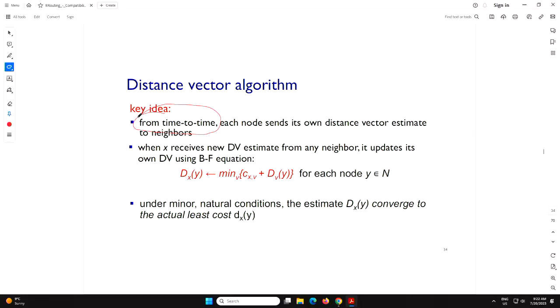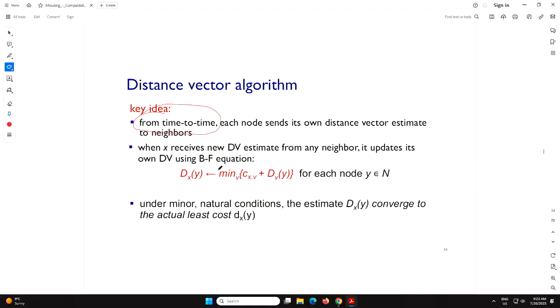And when you get the information from your neighbors, you have to recompute, right? Because the neighbors may be telling you some new information that you didn't know. The cost might have updated, right? The neighbor may have learned a better cost, a better route to another destination. So when you receive from the neighbor, you have to recompute what you have done before, right?